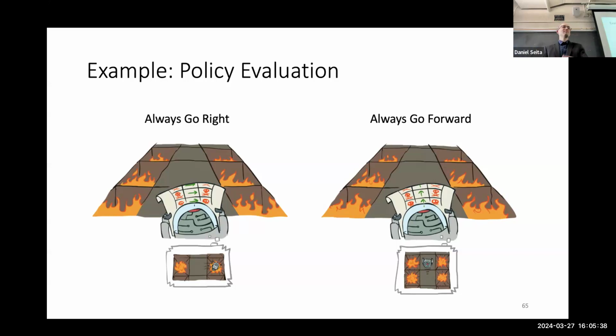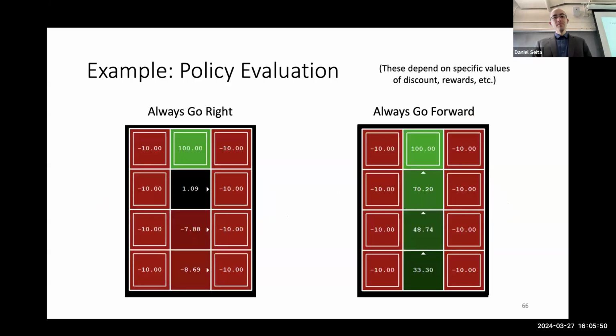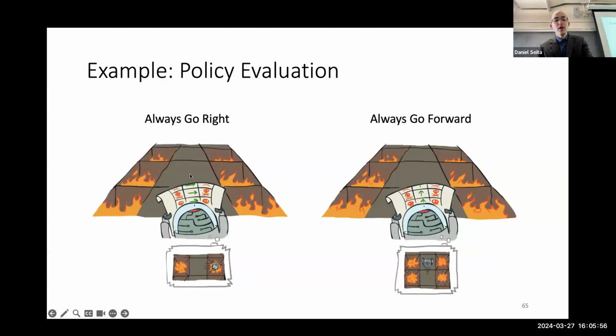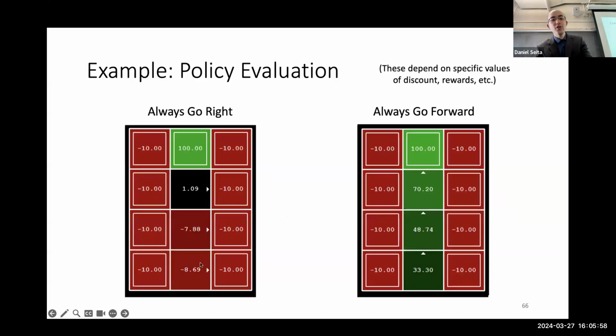For this trivial example, most of you will know what the better policy is, but we can also make it more principled. This is a concrete instantiation of evaluating: you have some policy, and you can evaluate the value at each given state.